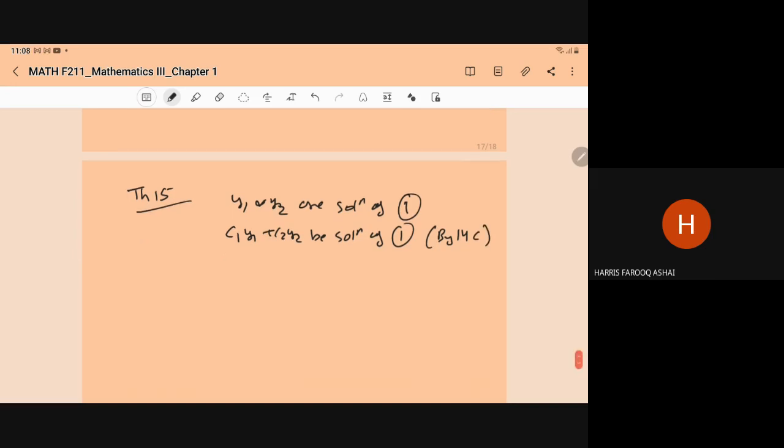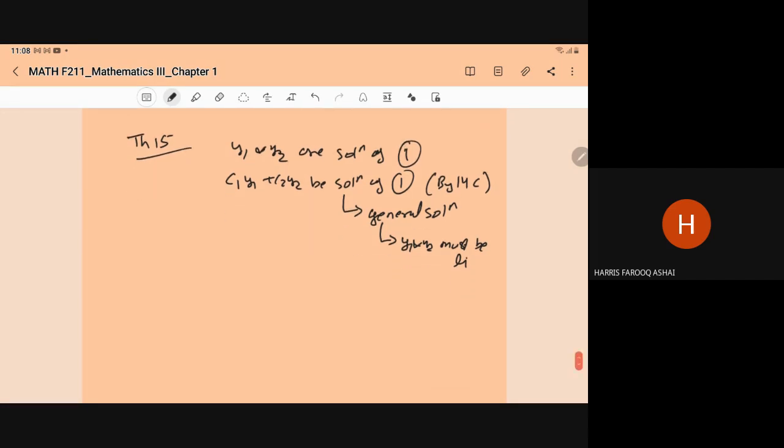Now instead of just a solution, we want it to be the general solution. For the general solution, it is given that y1 and y2 must be LI.